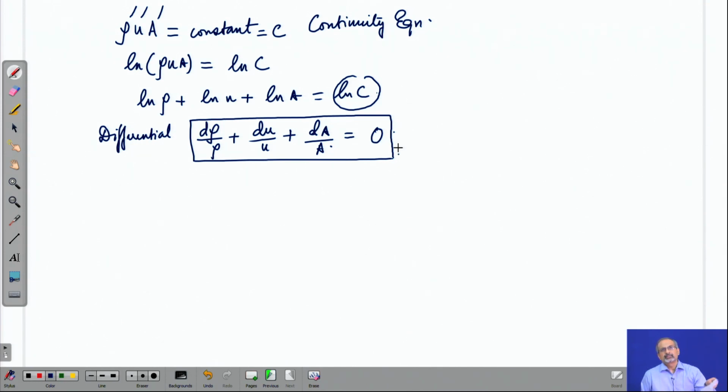Now, let us take a small section, a differential thickness section of that quasi one dimensional stream tube. Let us try to draw it here. It has a small length, say dx, and the area has changed by a very small amount.